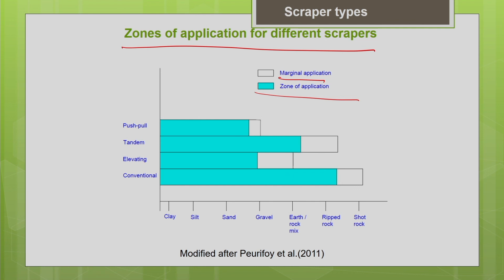We can see the conventional pusher loaded scraper has a wider zone of application with respect to material type. It can easily handle most of the material, and marginally it can handle shot rock, but it has a wider zone of application when compared to other types of scraper. See this elevating scraper, you cannot use it comfortably when handling rocks. Comfortably you can handle maybe till gravel. Even the push-pull scrapers cannot easily handle the rock.